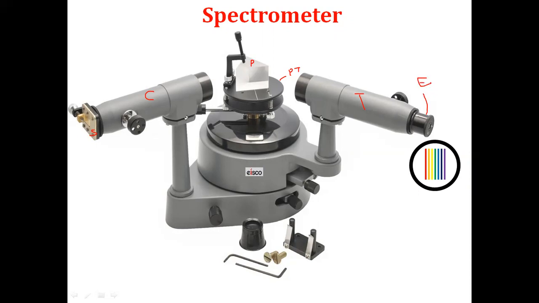So through the eyepiece, through this small hole, if we place our eye, we can observe. This circle stands for the eyepiece, and inside the eyepiece we can observe a spectrum like this. So this is from red to violet color.